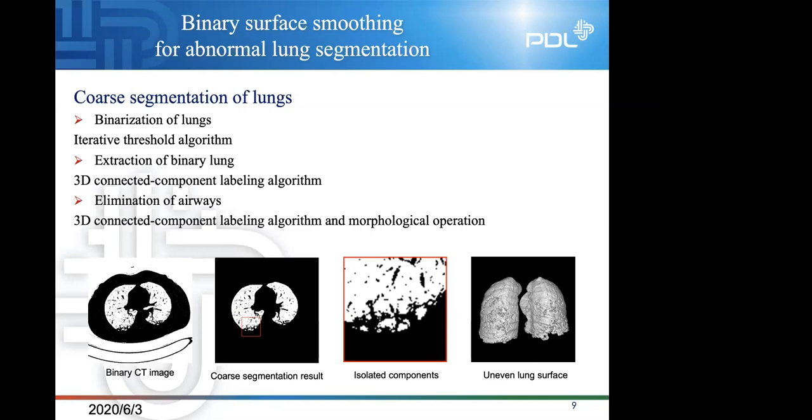The results of rough lung segmentation are shown in the bottom figures, and some isolated components exist in the bottom of the lung due to the presence of high attenuation patterns. And the 3D binary lung surface is also uneven, and must be smoothed by additional post-processing.